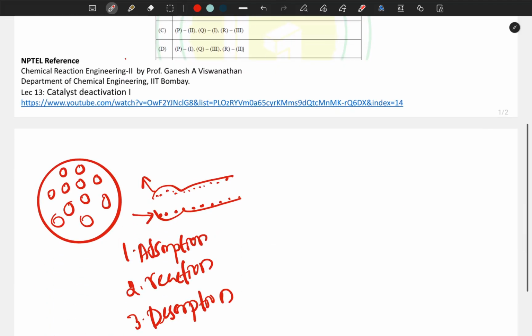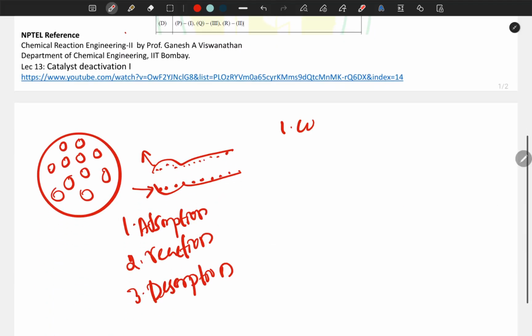So the first terminology is coking. Coking is nothing but deposition of carbonaceous material on your catalyst surface. We can clearly understand that because of this coking phenomenon, the incoming fresh reactant will be hindered, which means the active sites will be blocked from the fresh reactant.